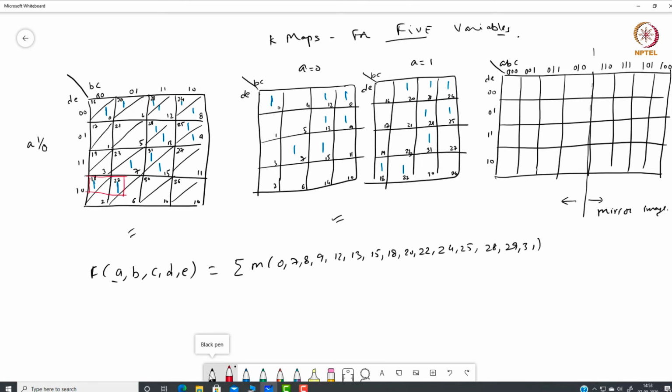But this also looks adjacent, yet one is in the upper triangle and another is in the lower triangle, so they cannot be combined to create a group. Although 20 and 28 can be combined. Similarly 7 and 15 can be combined. We can also combine 29 and this.